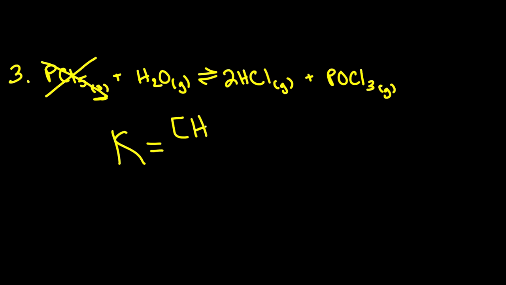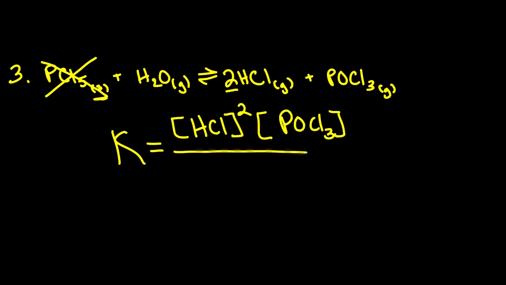Concentration of HCl raised to the power of 2 because of its coefficient times the concentration of POCl3 raised to its power. Well, that's just a 1, so it's understood. Over reactants. Only got one reactant because we're ignoring PCl5 because it's a solid. So the concentration of H2O raised to its power, and there's a 1 here, so it's understood.